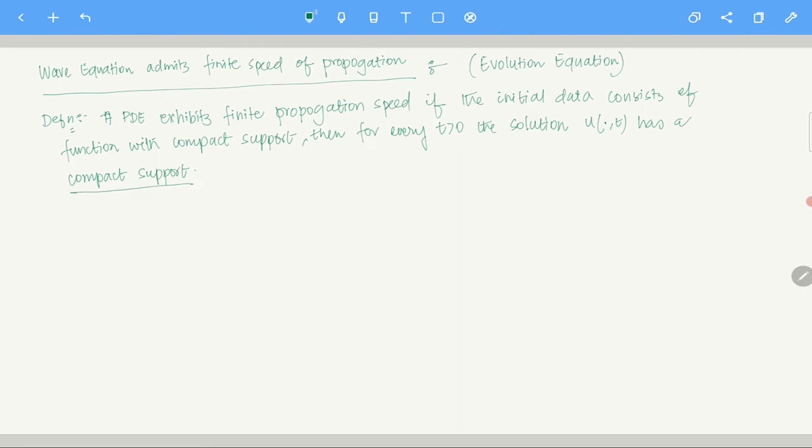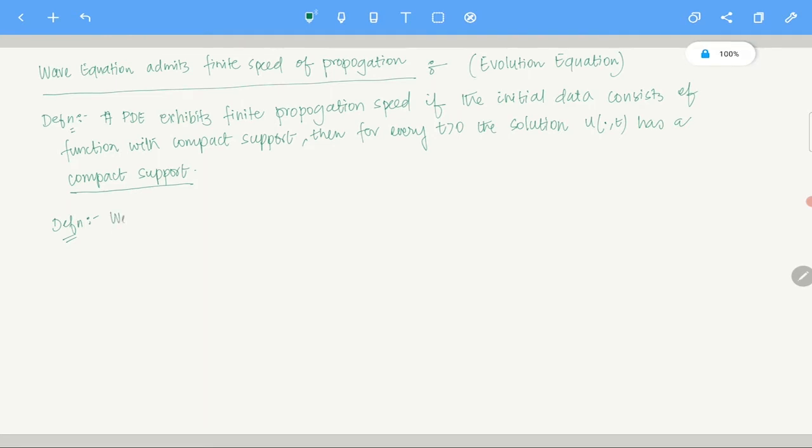So basically, if you want, you can make it a little better. Here is another definition, the same sort of definition, but let me put it this way. Whenever we say something about speed of propagation, what does that mean?